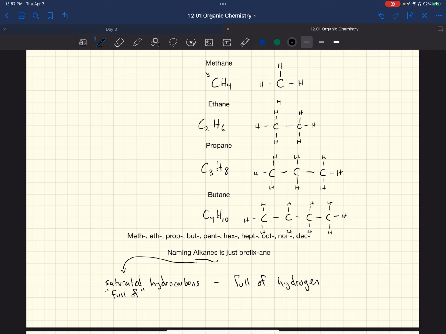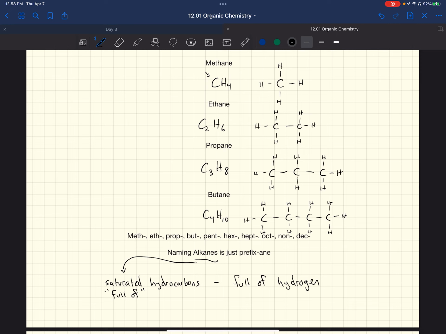And we'll talk more about saturated hydrocarbons versus other types of hydrocarbons. But alkanes don't have any double bonds or triple bonds. They're all single bonds. Okay?